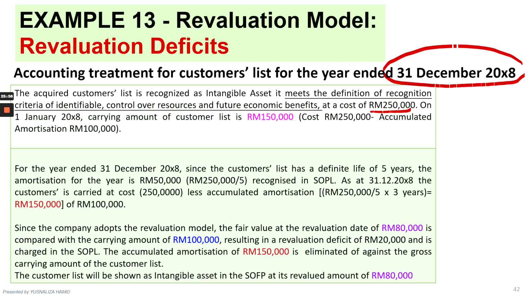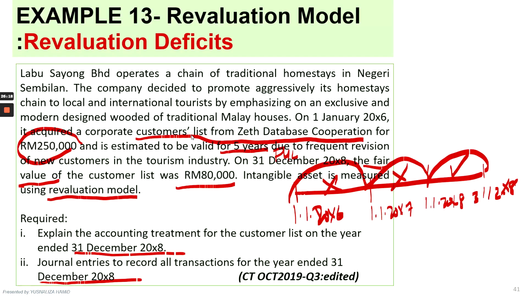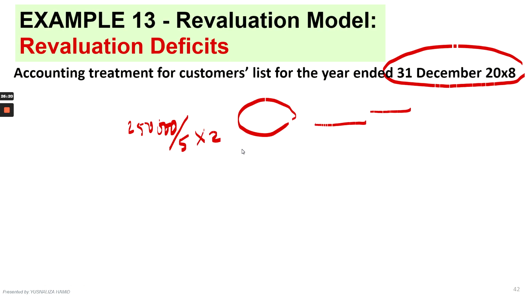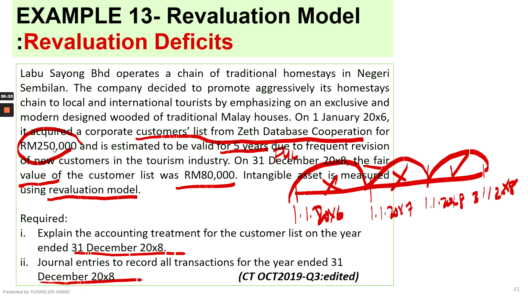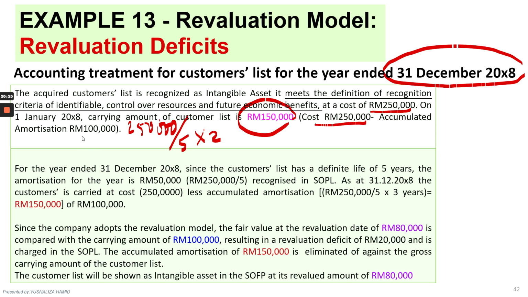So by 1st of January, the carrying amount is 150. Why 150? The cost is 250, but the accumulated amortization has become 100,000. Why 100,000? This is 250,000 divided by 5 times 2. Remember, the useful life was given as 5 years, and the cost was 250. So you will have that accumulated amortization, which gives you the carrying amount.